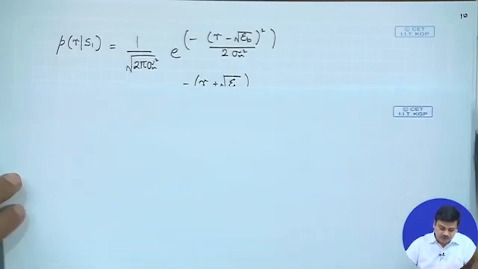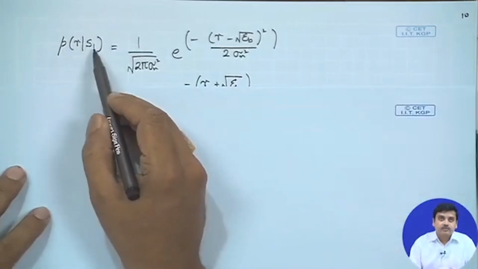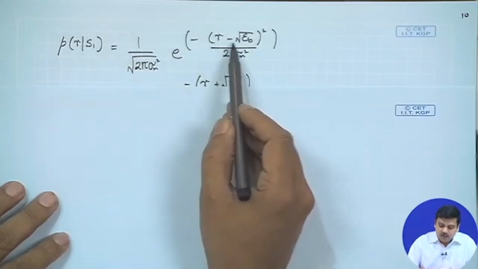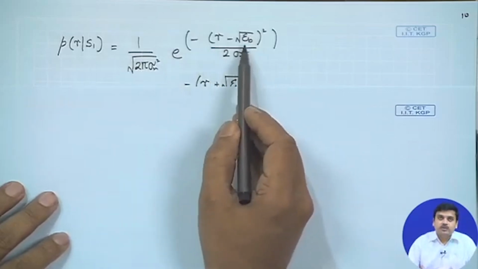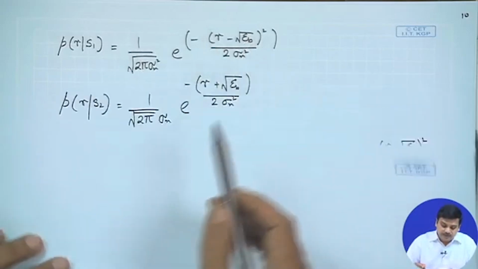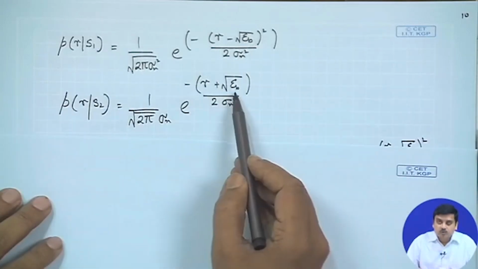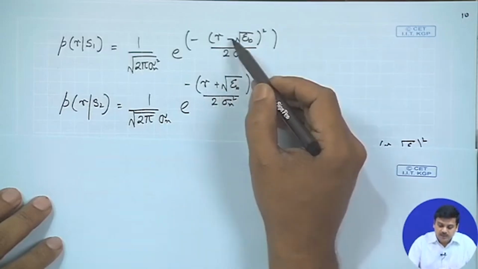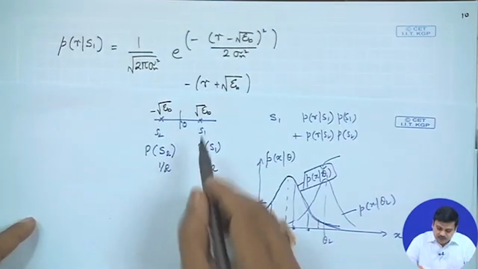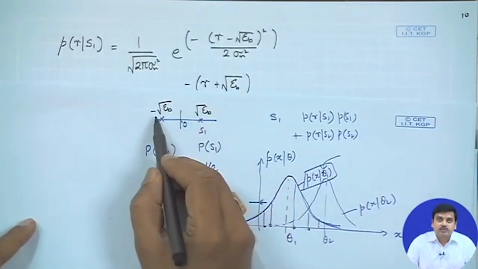So, we need to calculate P of R given S1, and P of R given S1 is simply R minus root EB, because this is the mean of the signal and this is the distribution of white noise. P of R given S2 would be R plus root EB. In one case the mean is root EB, in the other case the mean is minus root EB.